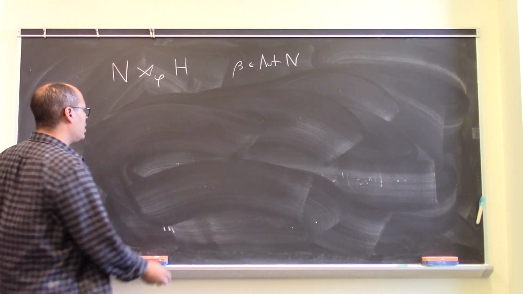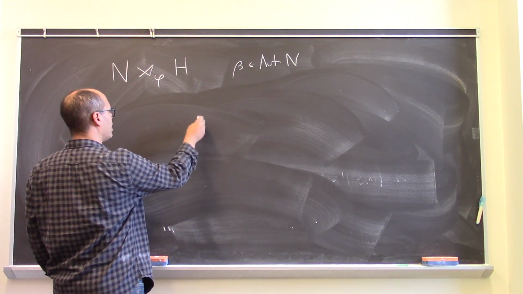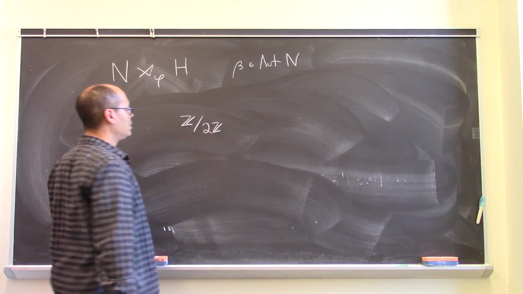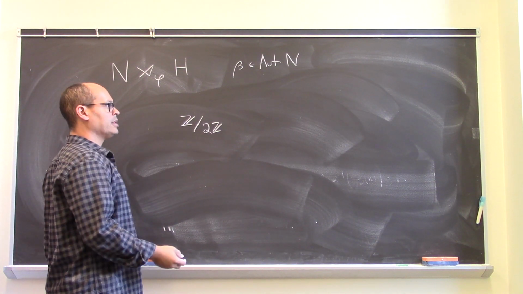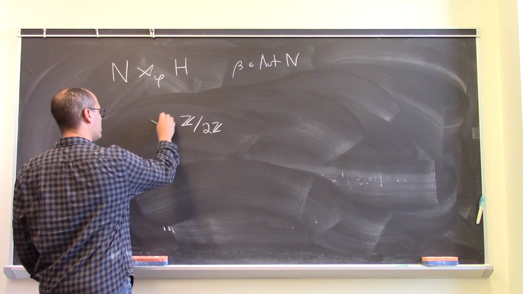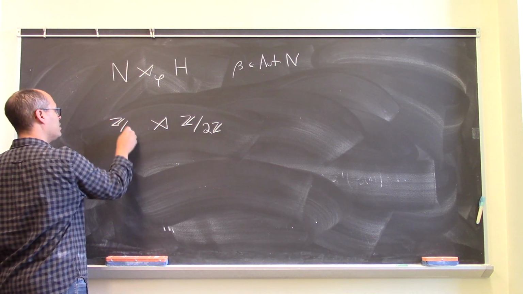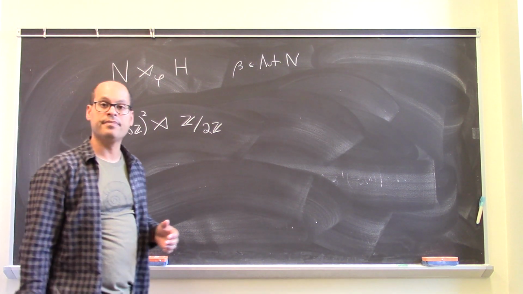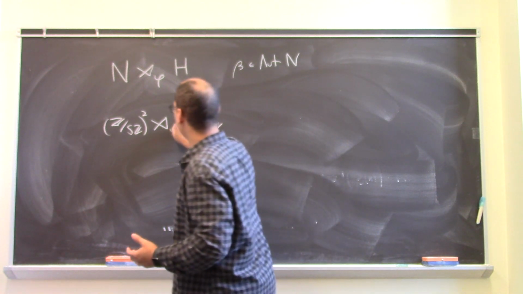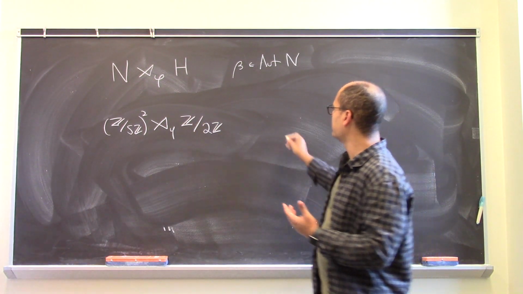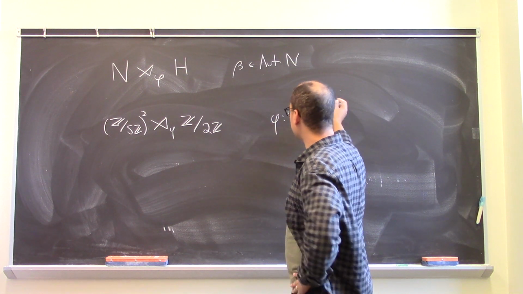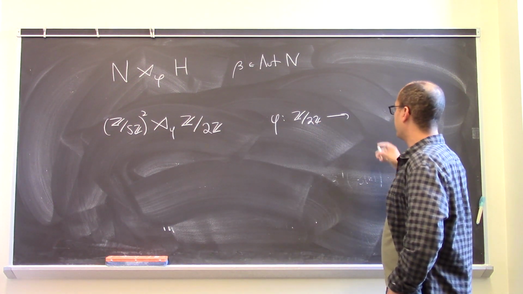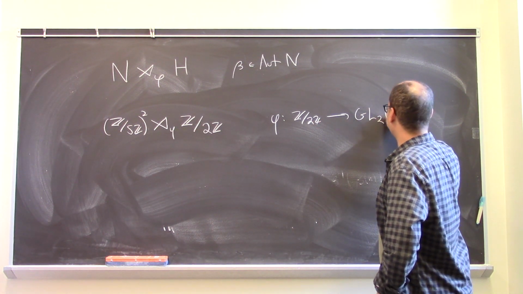So, for example, if you have something like, which should be my normal subgroup, let's see, I'll make it this good old example, (Z/5Z)^2, so Z/5Z cross Z/5Z, semidirect Z/2Z. Such a semidirect product is given by some phi that goes from Z/2Z to the automorphisms of (Z/5Z)^2. And that's GL2 of Z/5Z.